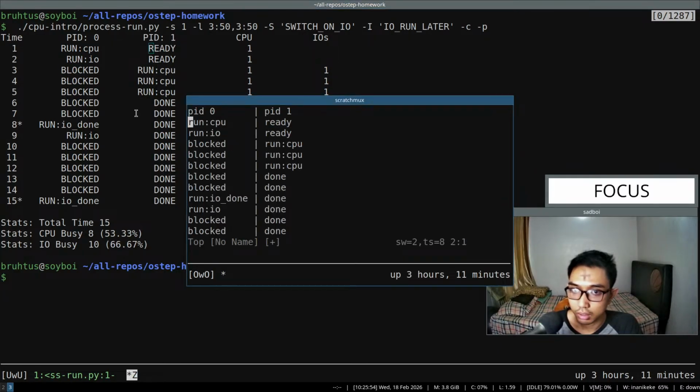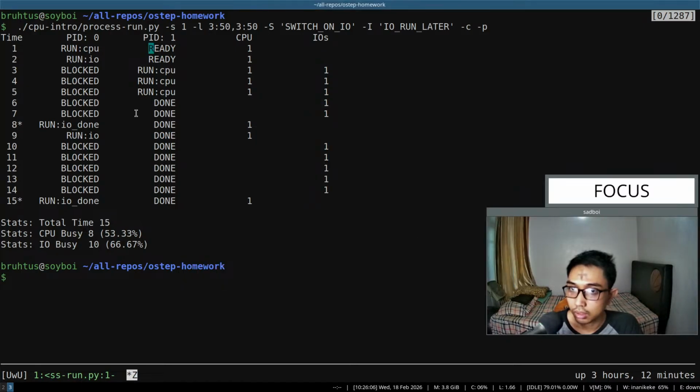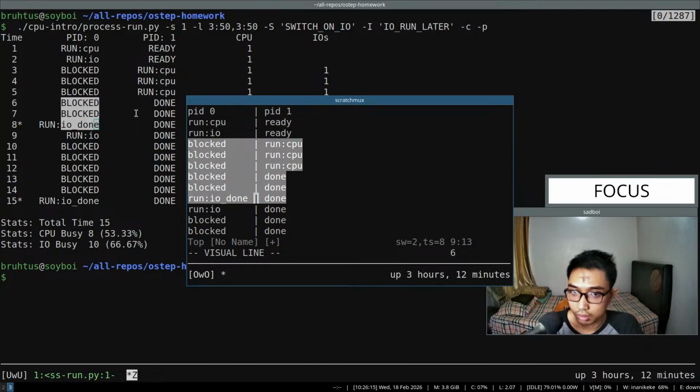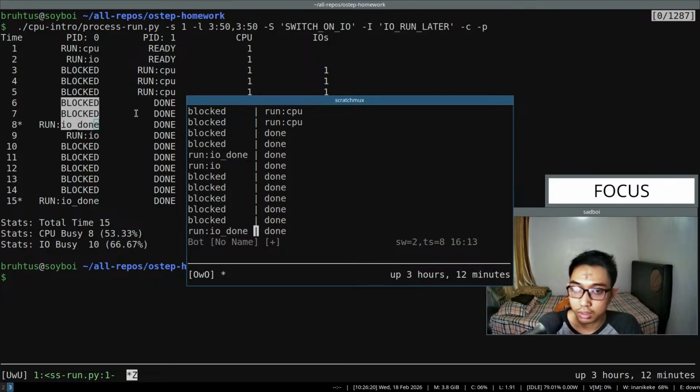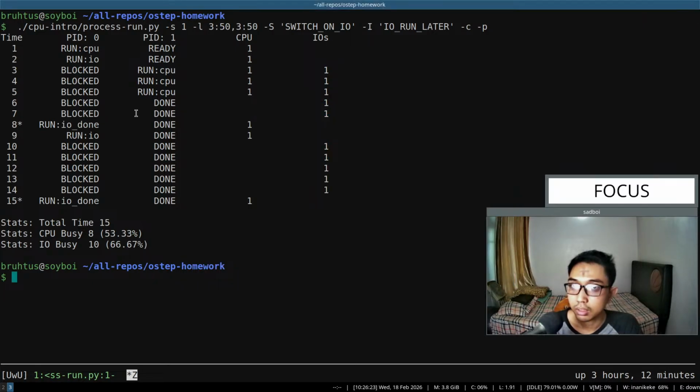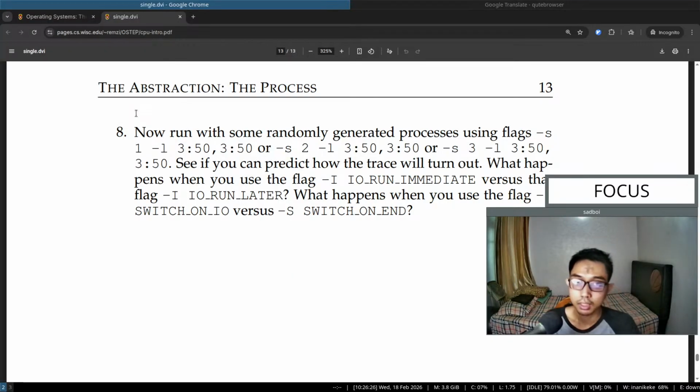Still ready, right? And then block. Still done. Okay. And then IO done. IO and then block. IO done. Okay. That is the first scenario. Now let's try the second scenario.